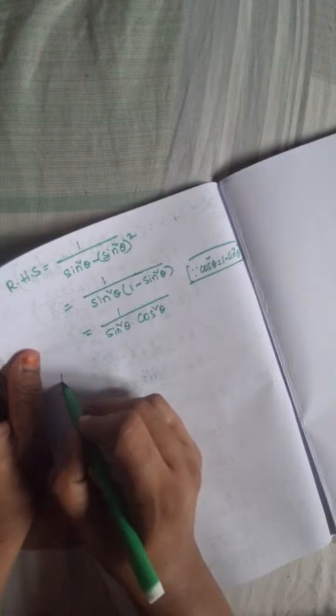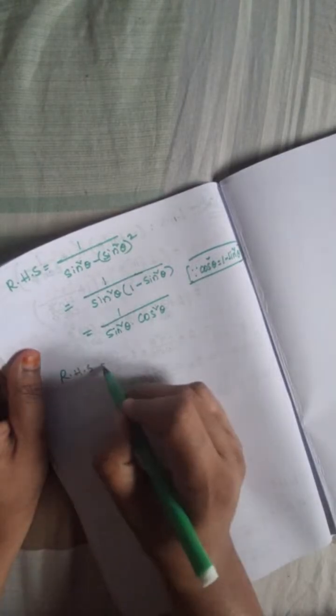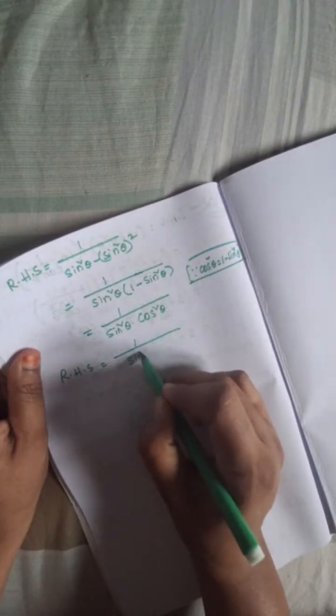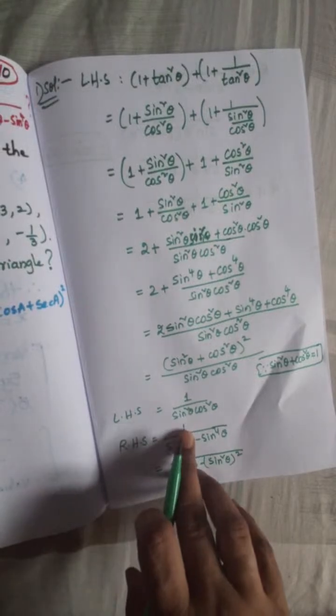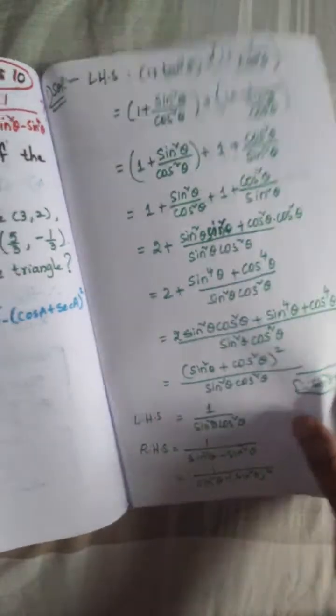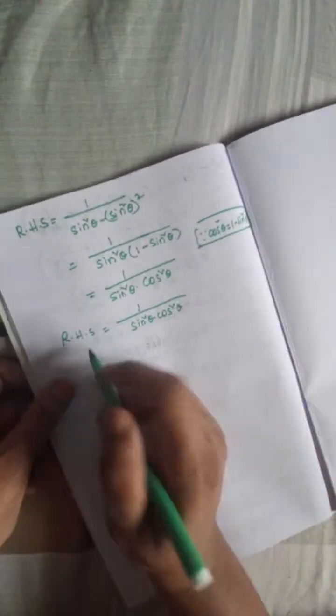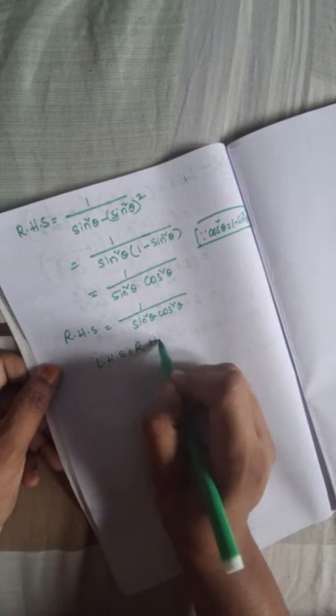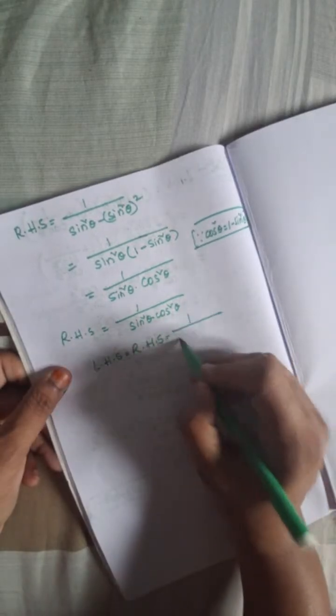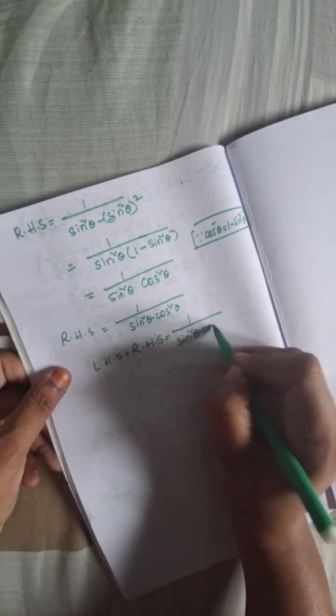So RHS equals 1 by sin square theta into cos square theta. And here also what we obtained, LHS is also 1 by sin square theta cos square theta. So LHS and RHS are equal, the same value we obtained, that is 1 by sin square theta cos square theta.